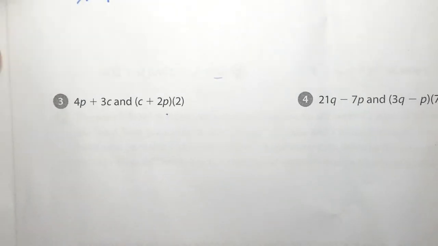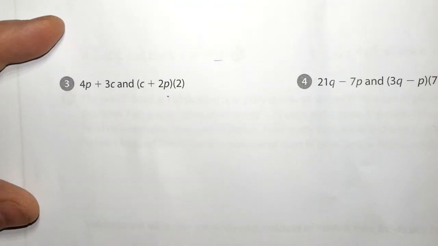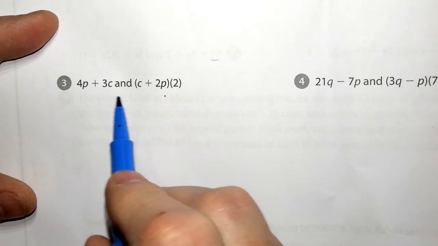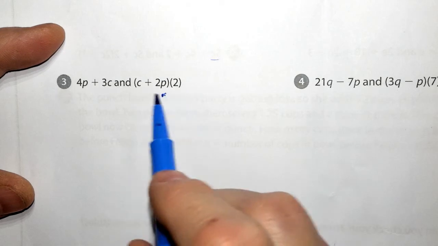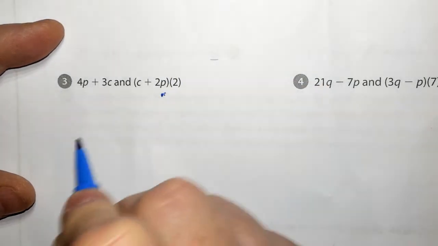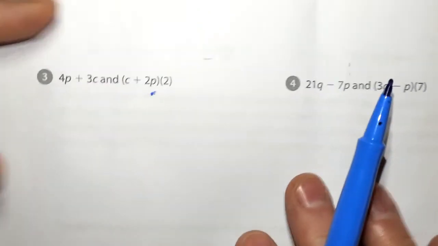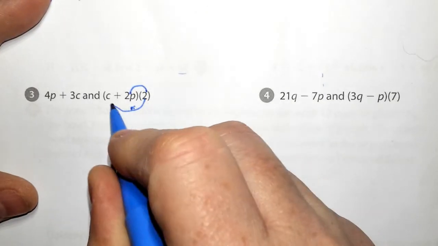Okay, number 3. Again, we're still using distributive property to check these. So here we have 4p plus 3c, and then we have c plus 2p in parentheses times 2. So this times 2 is still the same as they were up here where it was just outside of parentheses. So 2 times 2p plus 2 times c.